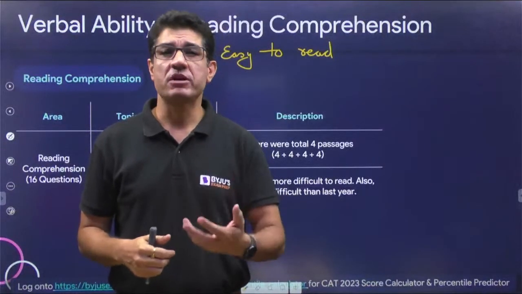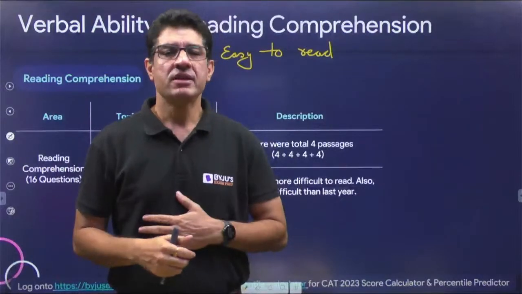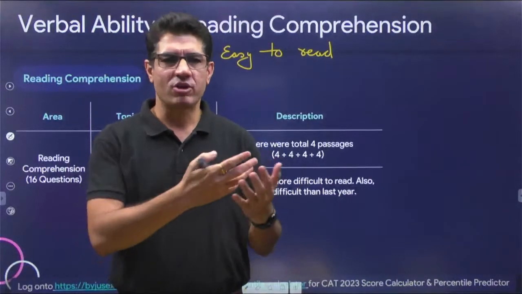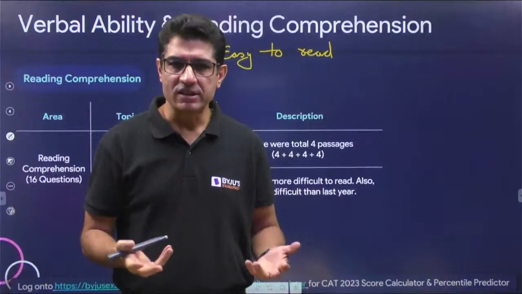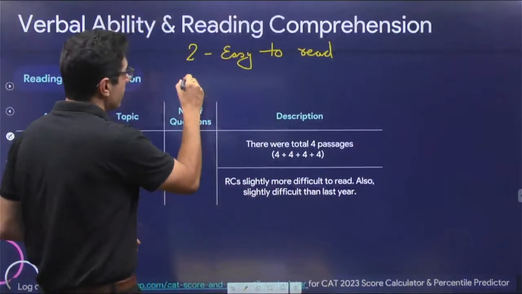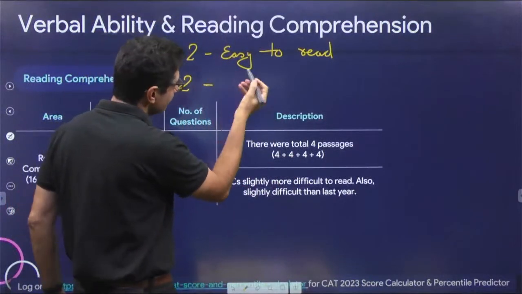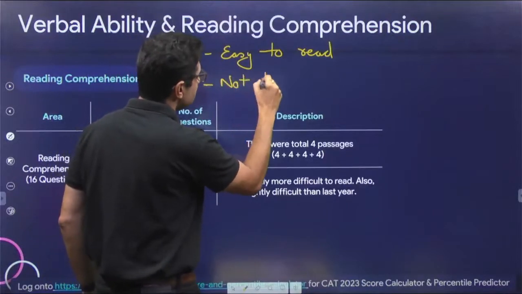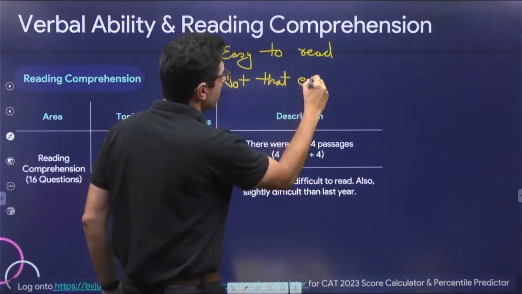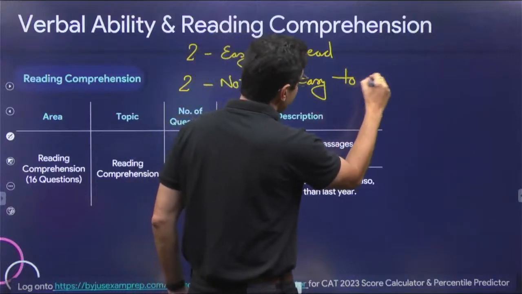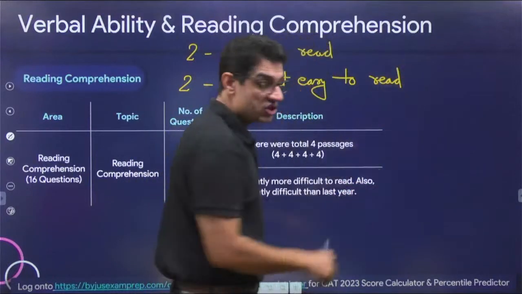These are the kind of subject matters that you would have found typically in your newspapers and magazines, whereas there were other 2 passages which were not that easy to read, primarily because of the subject matter and the jargon involved.